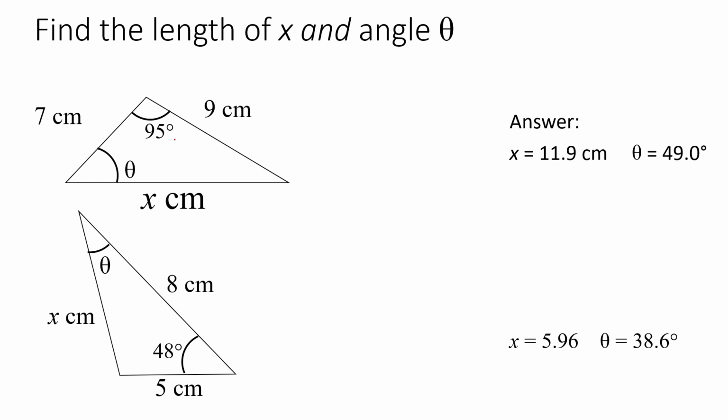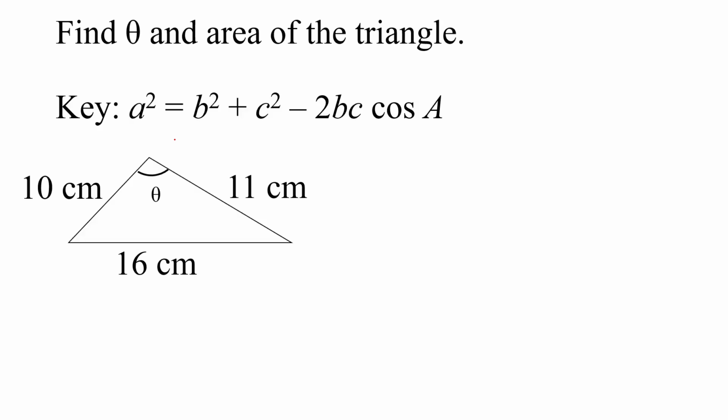Next, we look at the other situation where you need to use cosine rule. In this question, you are given the length of three sides of a triangle. Then you need to find the theta as well as the area of this triangle. What we have to do is, A is actually theta down here.